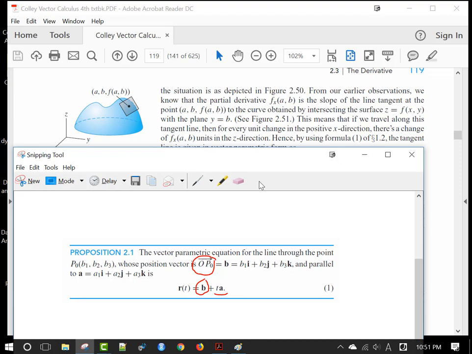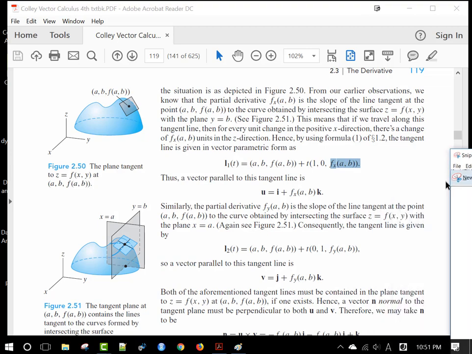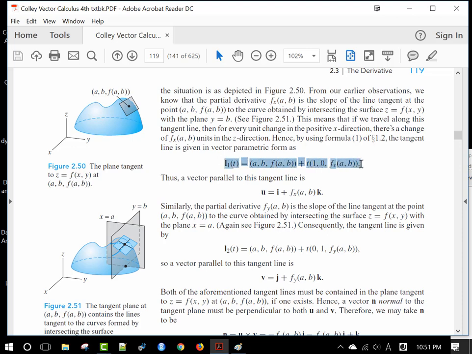It doesn't have to be this one. For example, if we went 2 units in this direction, we could just make this double, because we would increase by 2. But remember, we're not changing y, so this is 0. So that is our vector. So finally, we have this line, this is the vector equation of the tangent line.